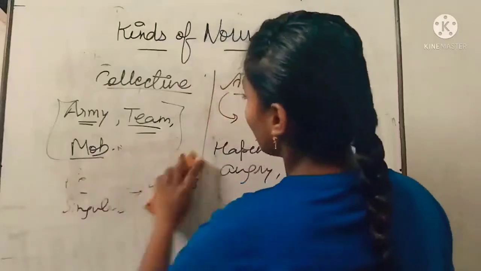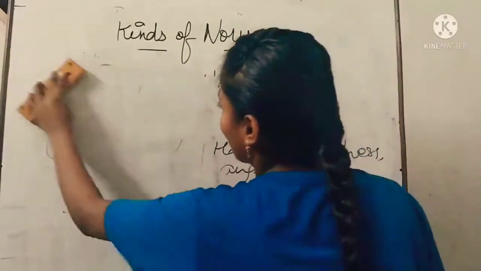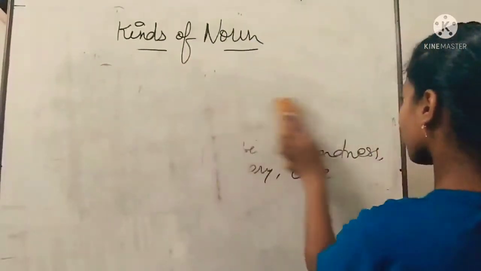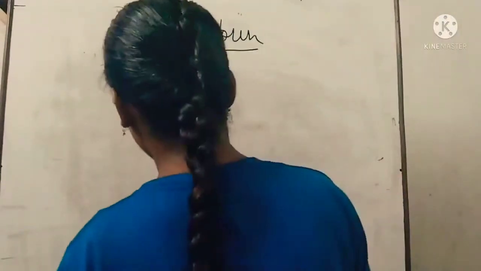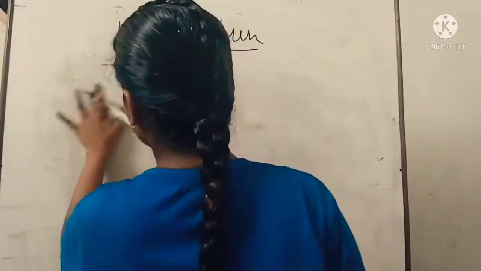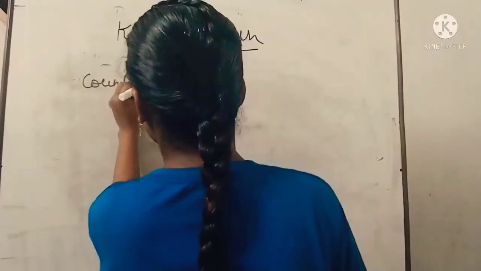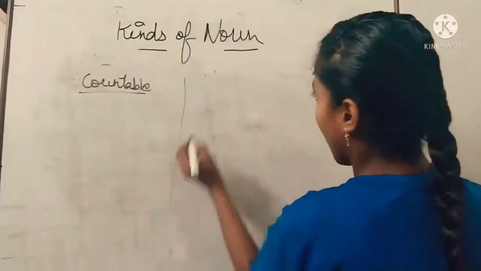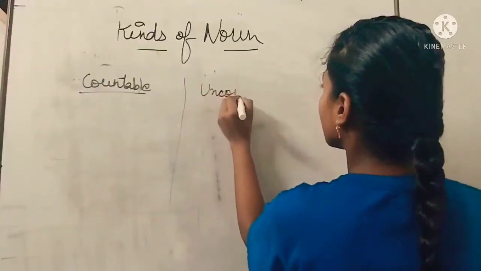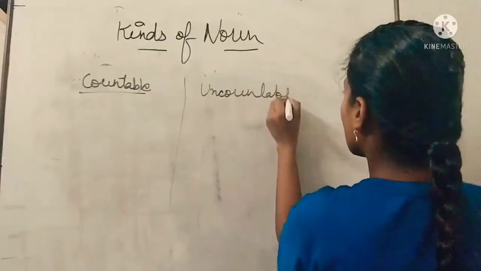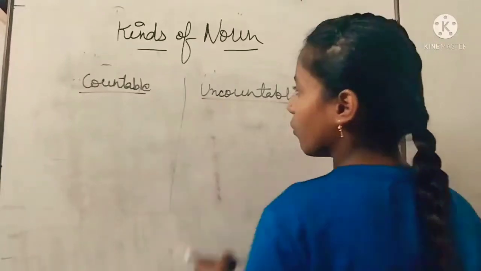Now let's move to the last point, not as a kind but to help you all understand. That simply refers to countable noun, and then we have uncountable noun. What does it simply refer to?